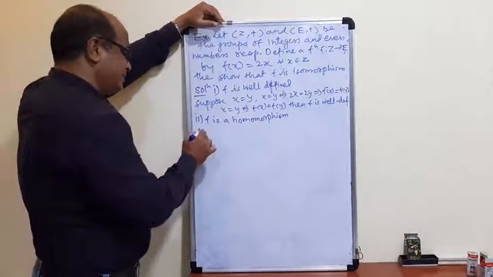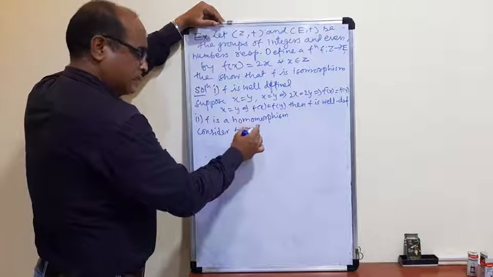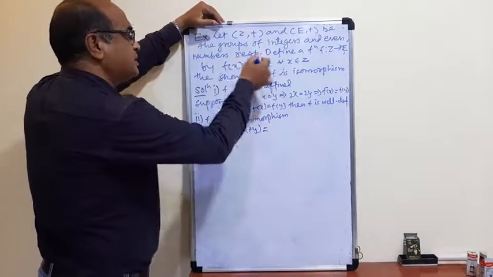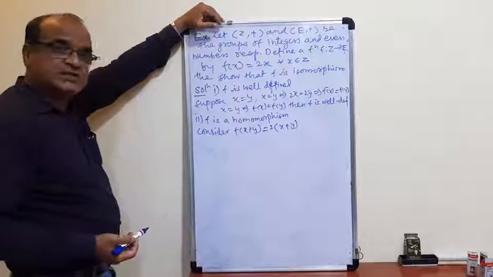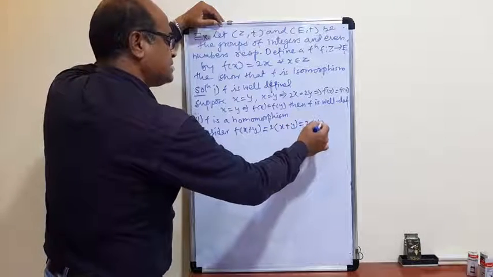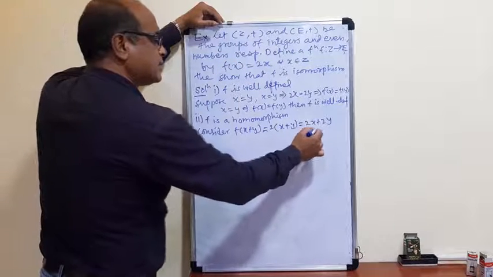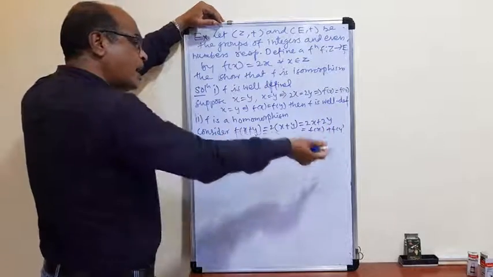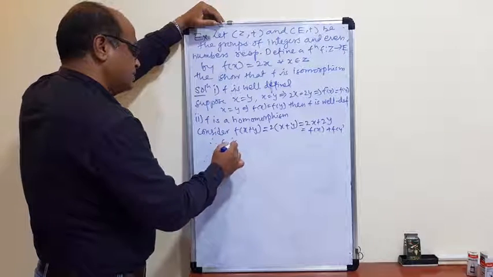Consider f(x+y). By definition, f(x+y) is equal to 2(x+y), that is 2x + 2y. What is 2x? f(x). What is 2y? f(y). And if f(x+y) is equal to f(x) + f(y), therefore f is a homomorphism.